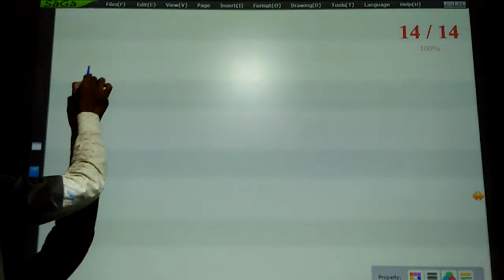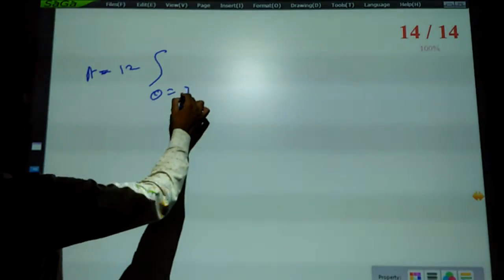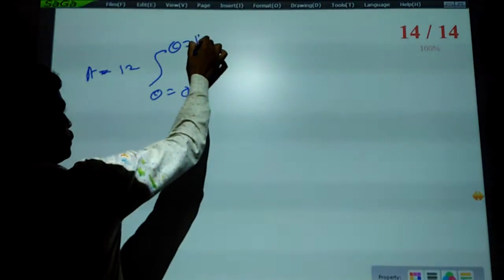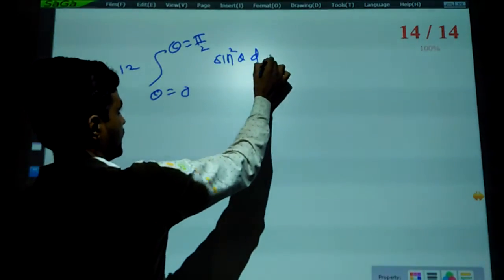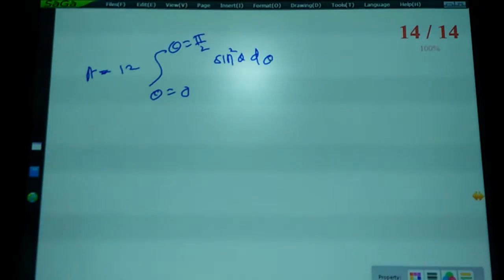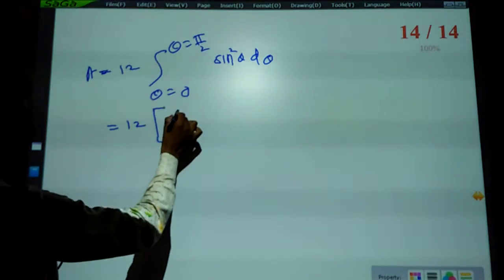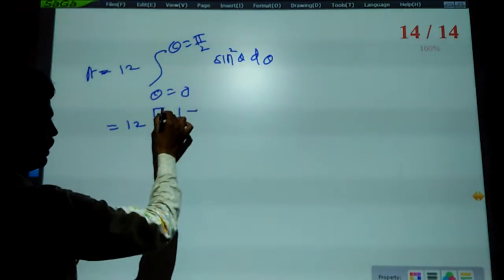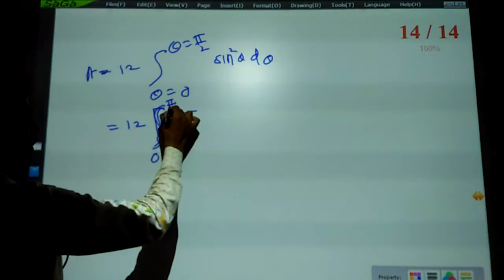So A is equal to 12 is outside. Theta is from 0 to theta is equal to pi by 2 sin square theta into d theta. So this 12 as it is. So value of sin square is, integration is from 0 to theta is equal to pi by 2.